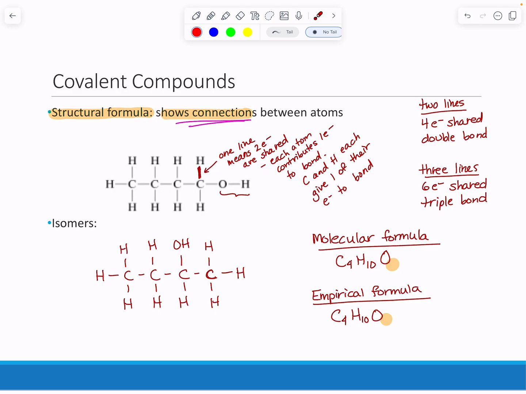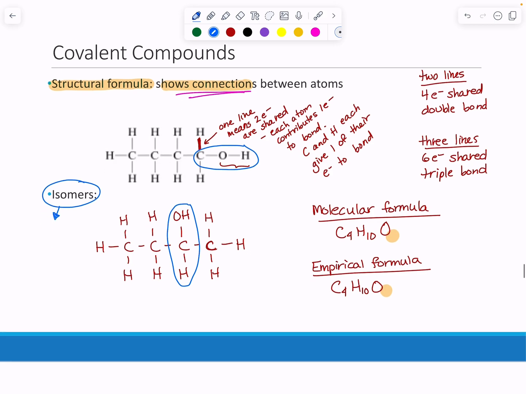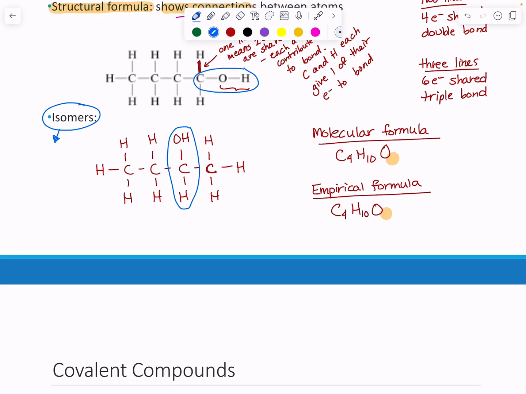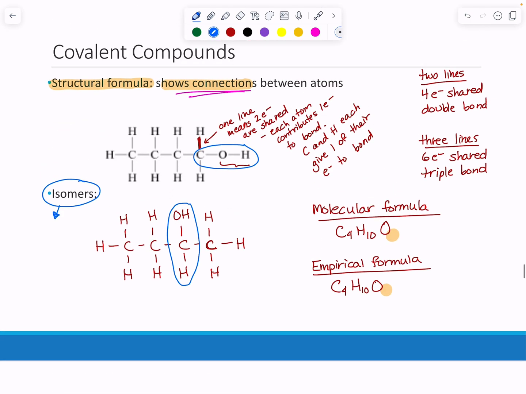But you can look at them and they're not the same thing, right? They don't have the same atoms bonded to each other. We've got our oxygen hanging off of the end of the molecule in one place and in the middle of the molecule in the other. And so these are called isomers, okay? So there's different types of isomers, and if you take organic chemistry, you'll learn a lot more than you ever want to know about isomers.